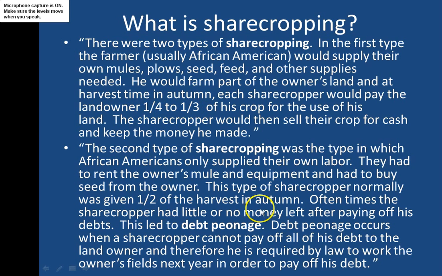And oftentimes those landowners were the former masters of those slaves. And this system is not exactly slavery. Again, I call it slavery light because really it's slavery in name in some ways.